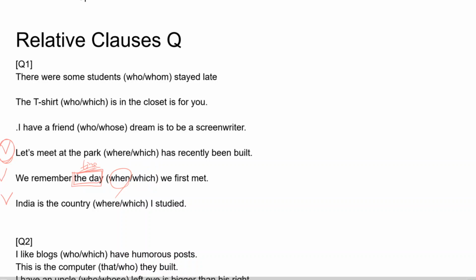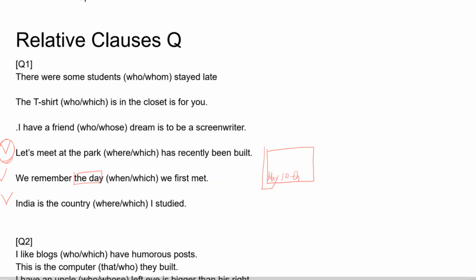Okay, all right. So let's look into the situation here. The noun is the day. So two different things can happen here. Let's say the day is 10th, maybe May 10th.